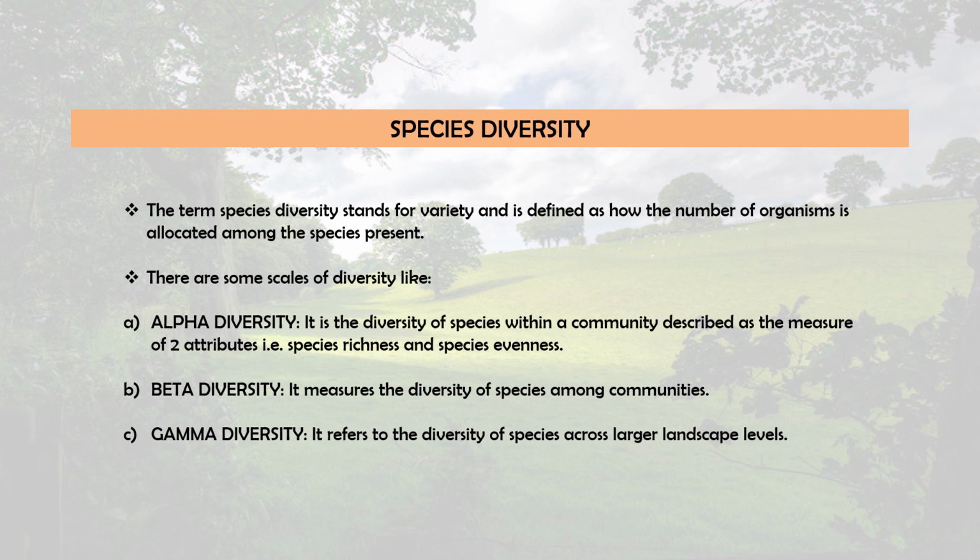The gamma diversity is used to denote the diversity of different kinds of communities within a landscape, and conceptually, it is the rate at which additional species are encountered as geographical replacements within a habitat type in different localities. And the total number of species of different taxa in the whole world is referred to as global species diversity.